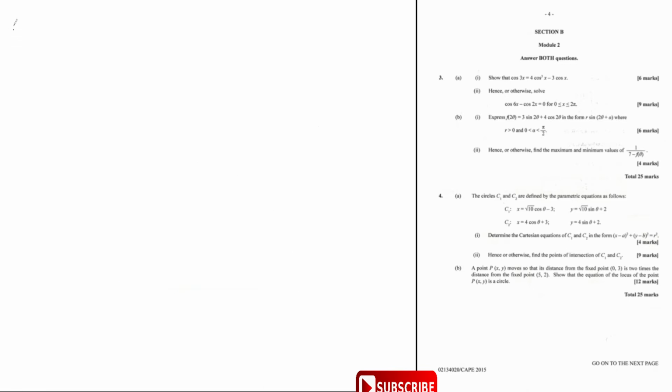Part 2 now. We have that, hence or otherwise, solve cos 6x minus cos 2x equal to 0.